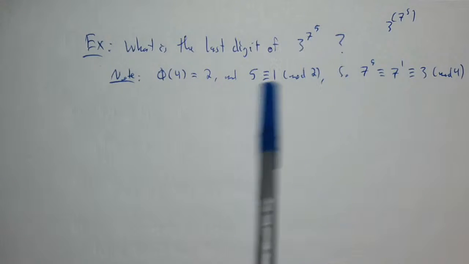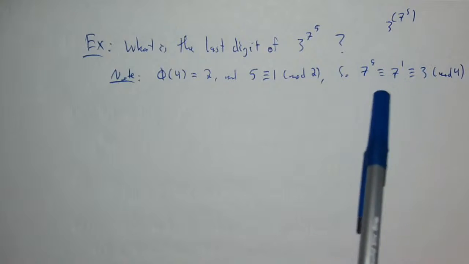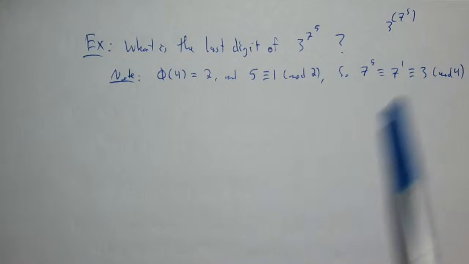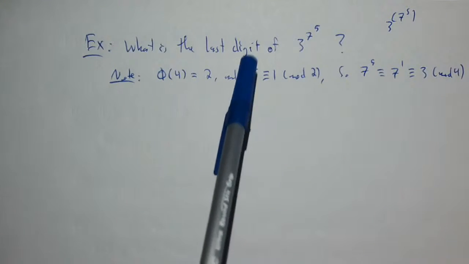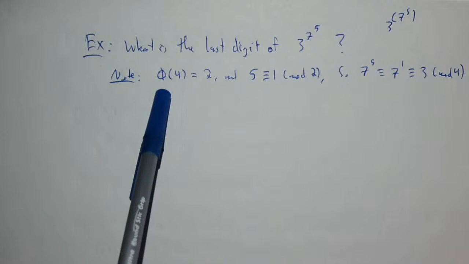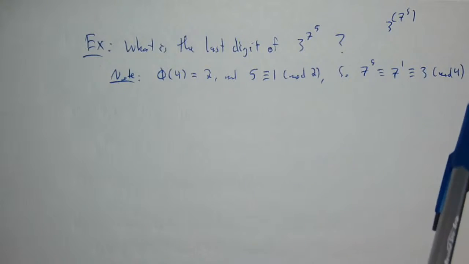Congruence of the exponents mod phi of n yields congruence of b to the x and b to the y mod n. So in this case, my exponents 5 and 1 are congruent mod 2, which is phi of 4. So 7 to the 5th and 7 to the 1 are congruent mod 4. So 7 to the 5th is congruent to 3 mod 4.